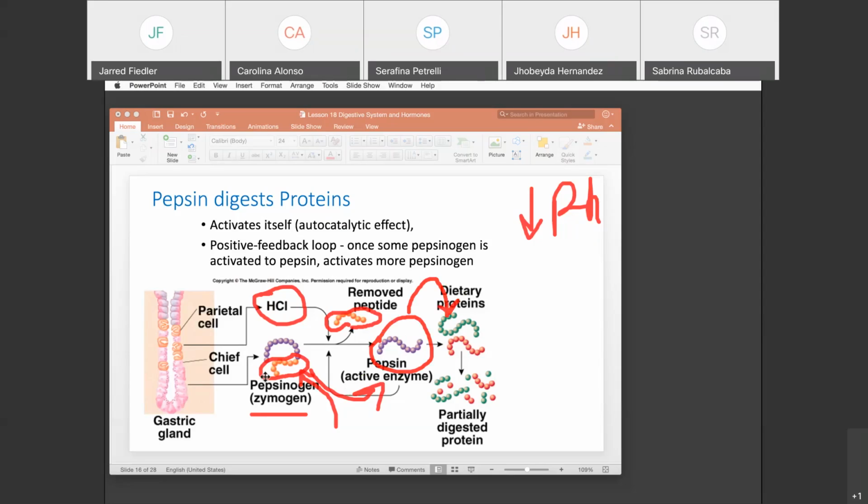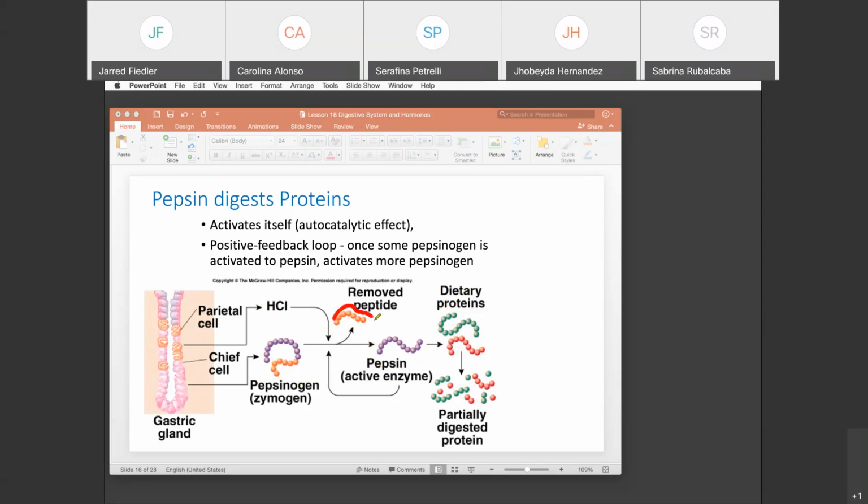Now, this little orange peptide interferes sterically with the function of pepsin. That means that if pepsinogen is lurking around and tries to attack its target proteins to break them down, it's not going to be able to bind to them and actually do its function. This piece is blocking the full function. There's steric hindrance, meaning spatial interference caused by this little peptide.